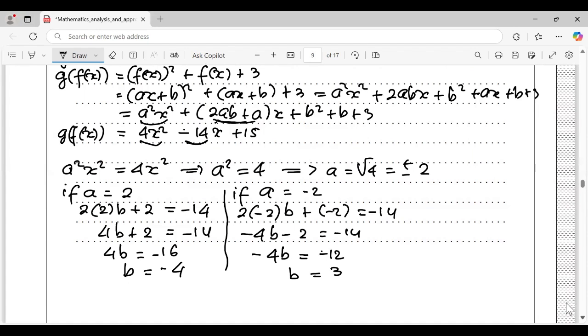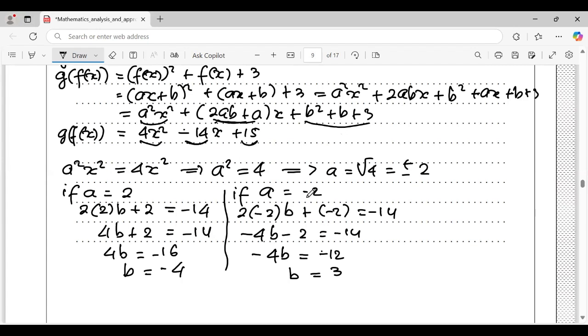Right, if b is minus 4, substitute into this expression: 16 minus 4 is 12, 12 plus 3 is 15, equals 15. So this proves that the statement is correct.